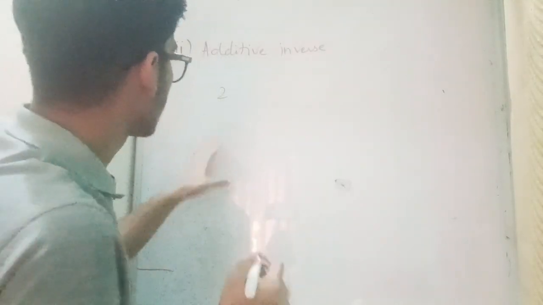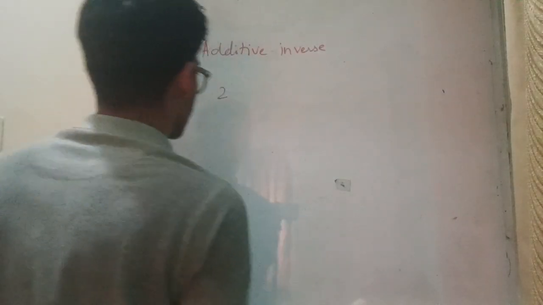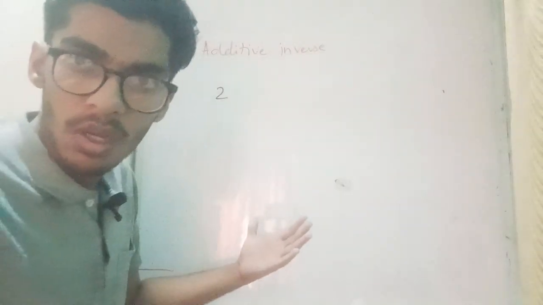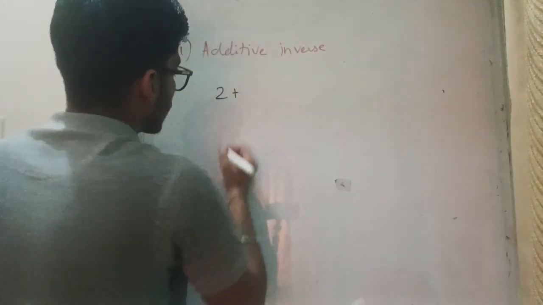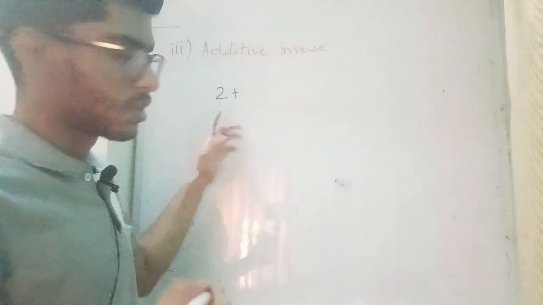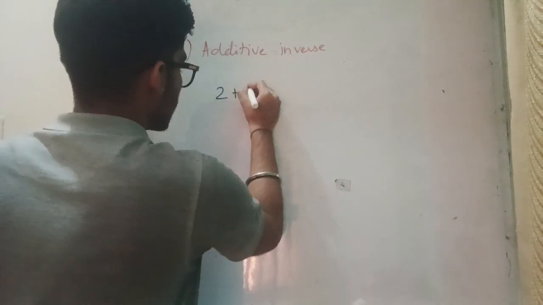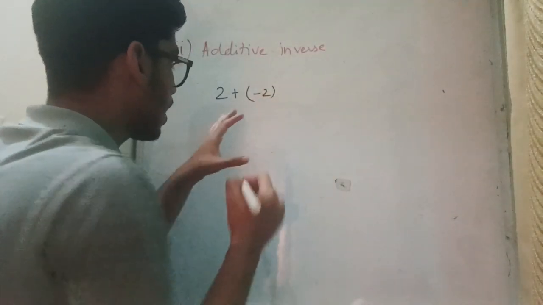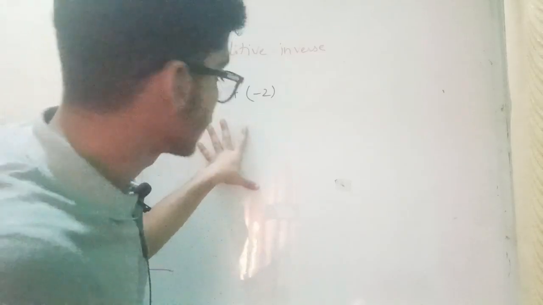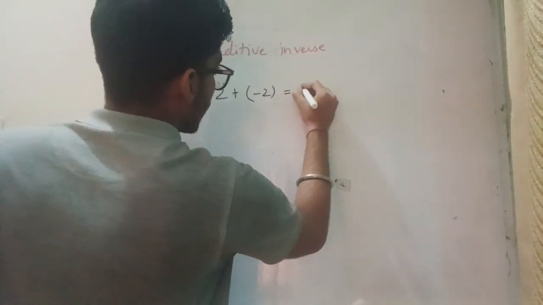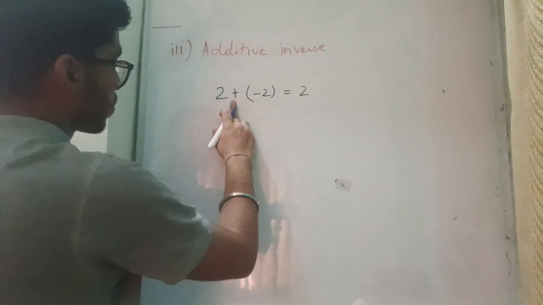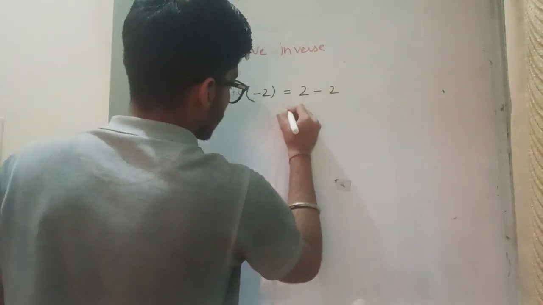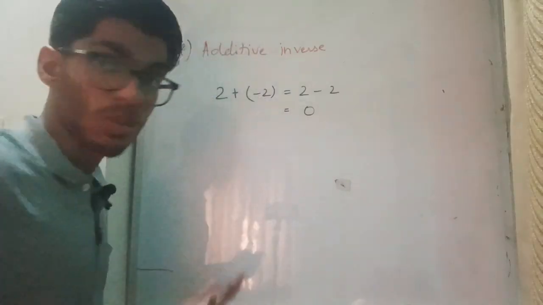Whenever I add the negative of this number to itself, so let's say the negative of this number is -2, and I add -2 to 2 itself, what will I get? There's a plus in between them, and there's a minus with this 2. I can write it like this, and I get 0.